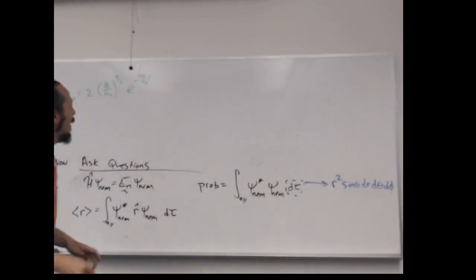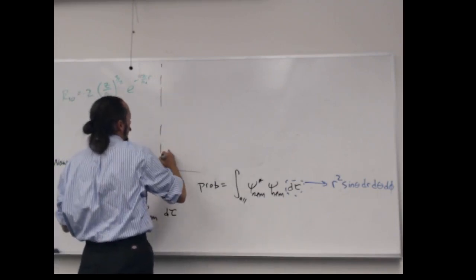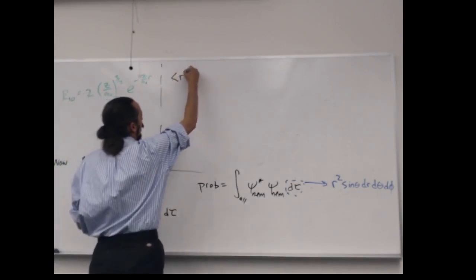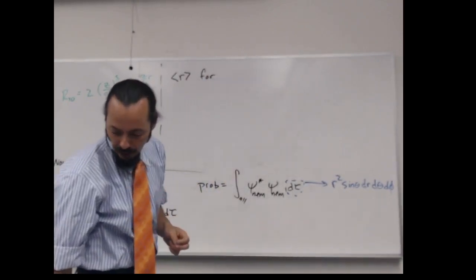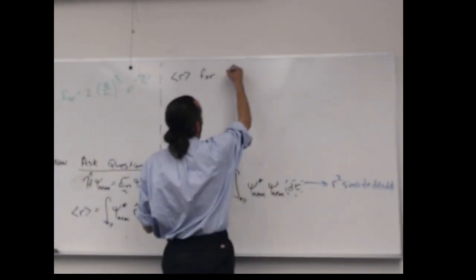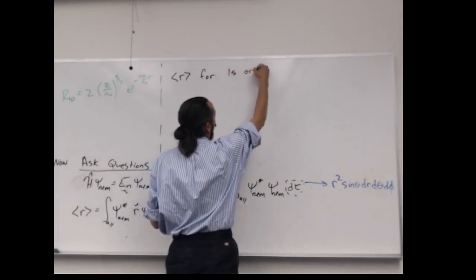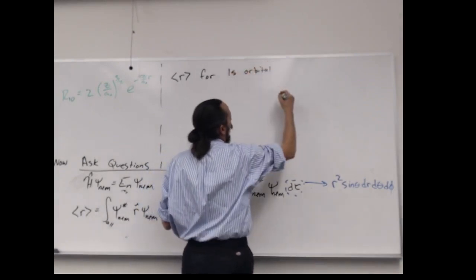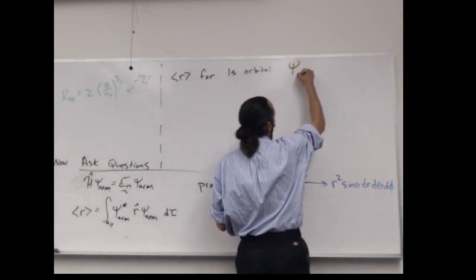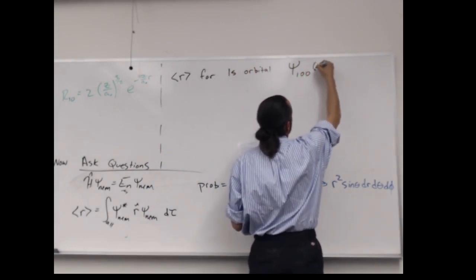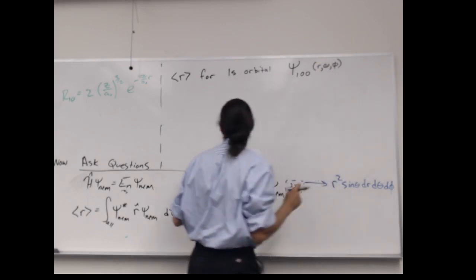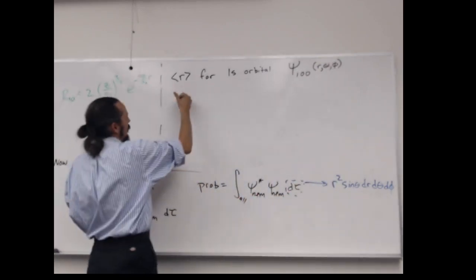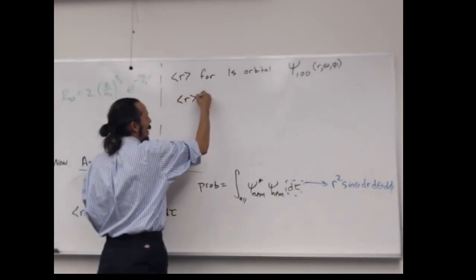And I'm going to go ahead and ask one of these questions. What's the average R for a 1s orbital? That is to say, a psi 1, 0, 0 of R, theta, phi. We know the definition, or hopefully we know the definition at this point.